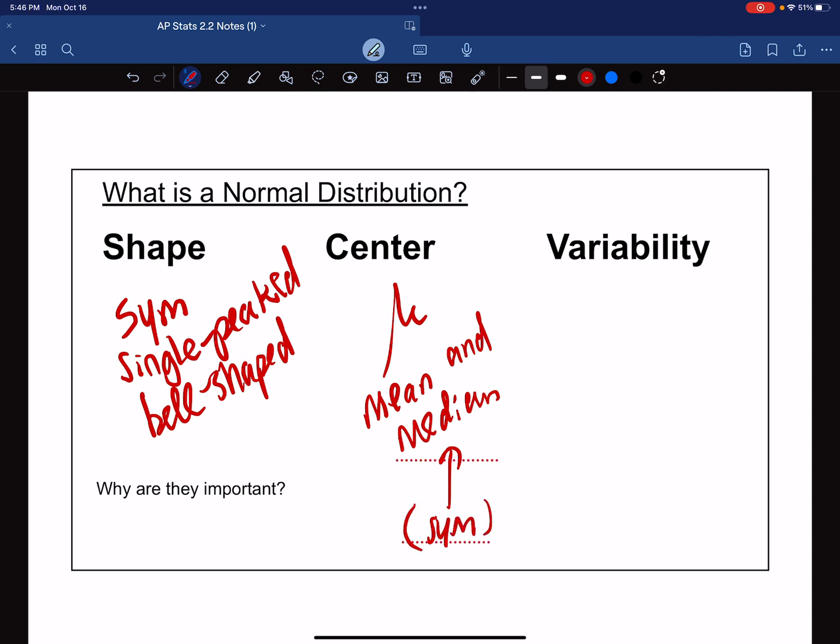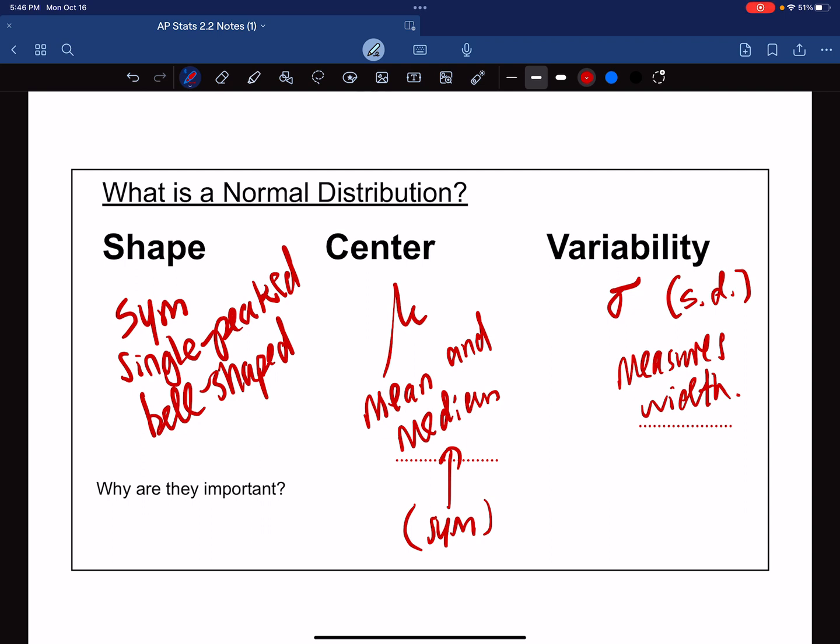And the variability, which is the spread away from the middle, is sigma, which is the standard deviation, and it measures width or variability.